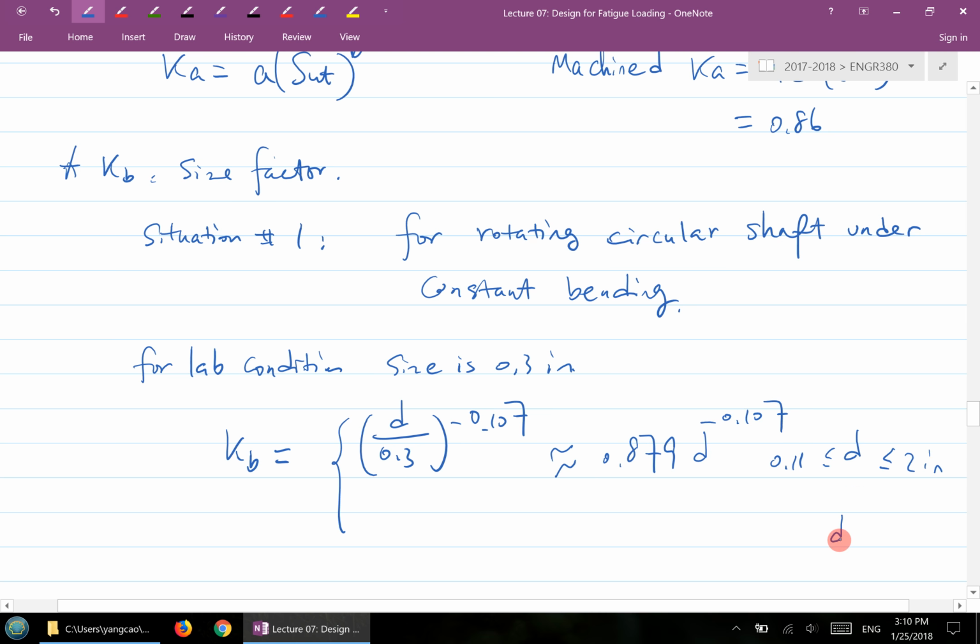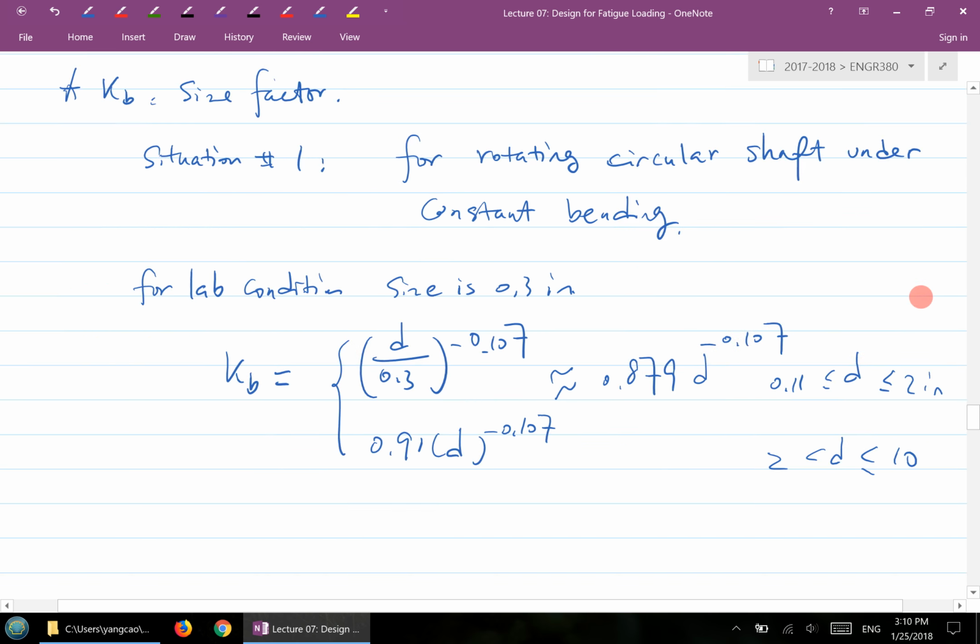If D is greater than 2 inch and less than 10 inch, then you use this formula, 0.91 D to the power of negative 0.107. If D is greater than 10, you can simply use 0.6 for the Kb.